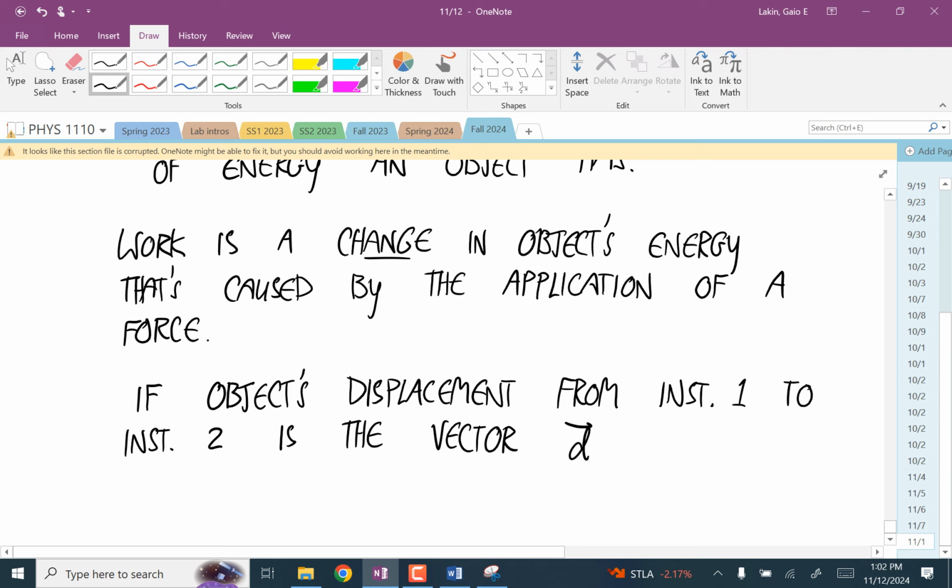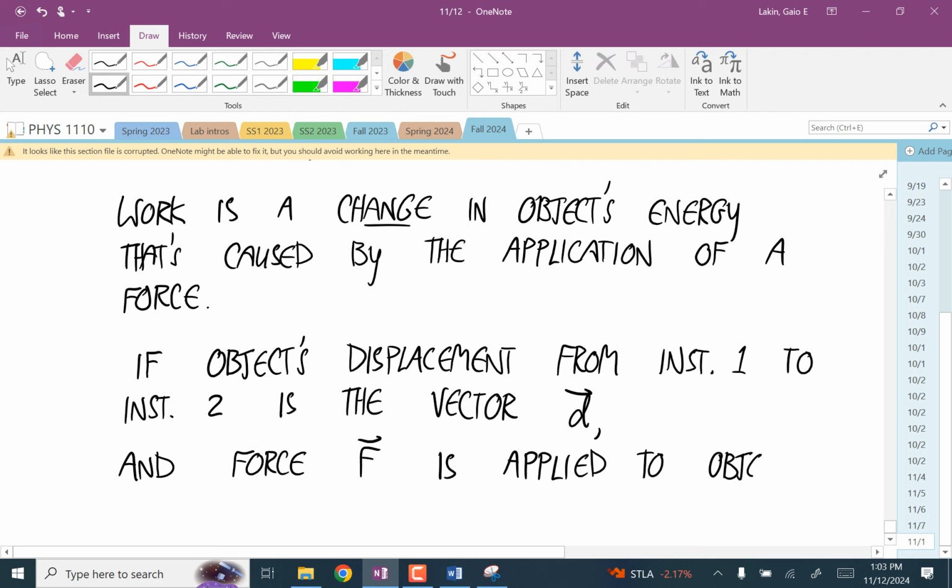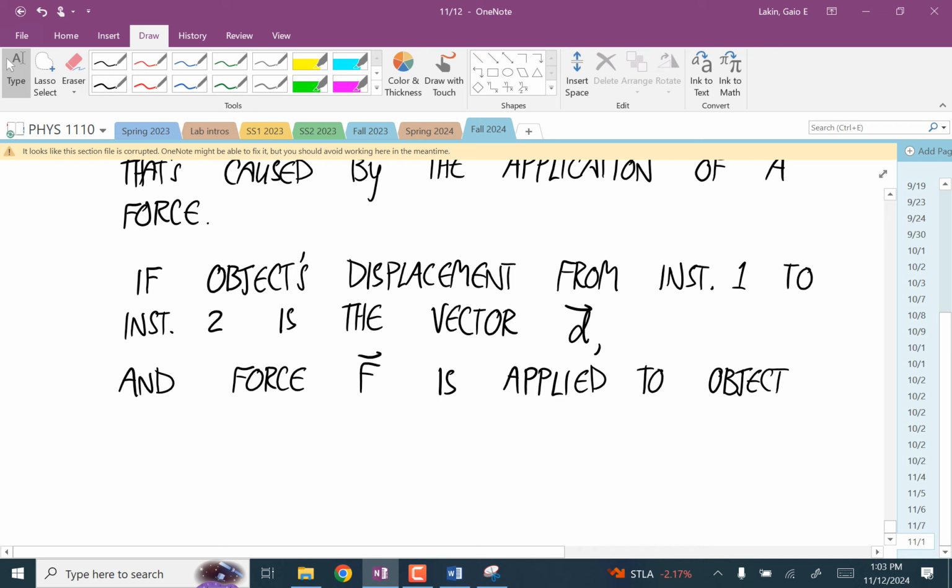Okay, so this d is the displacement vector of the object from this one instant to this later instant. And the force F is applied to the object during that time interval.